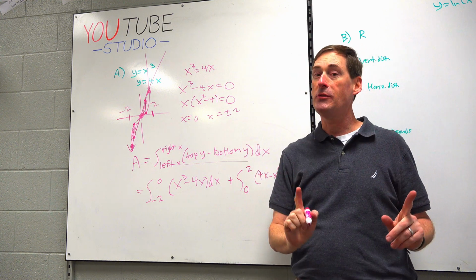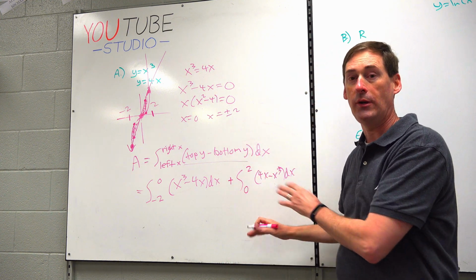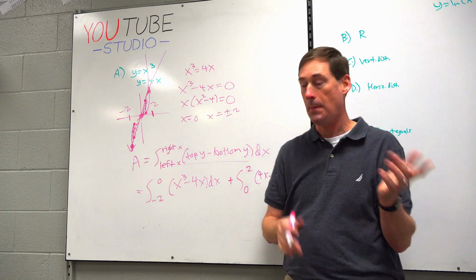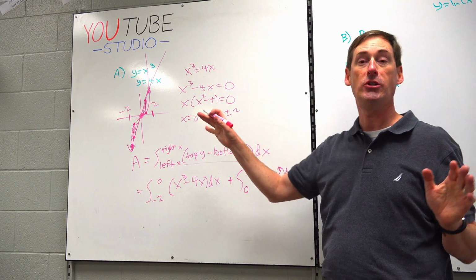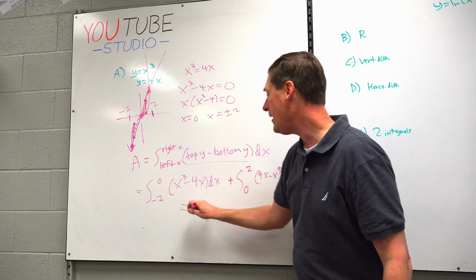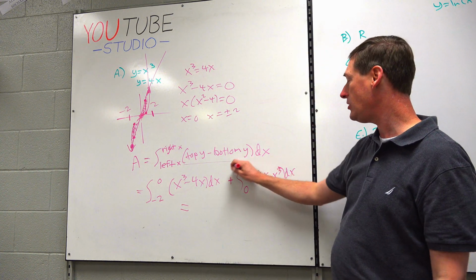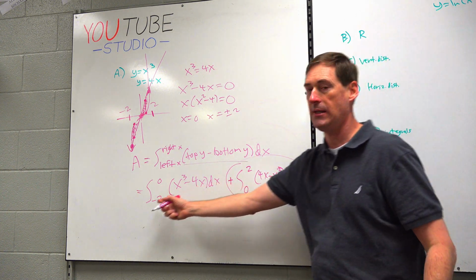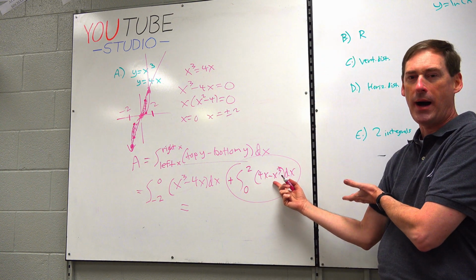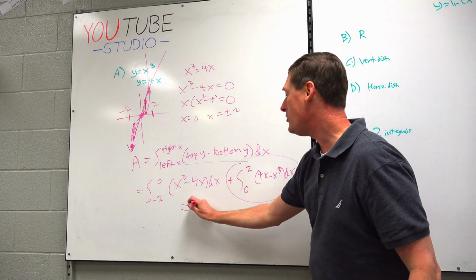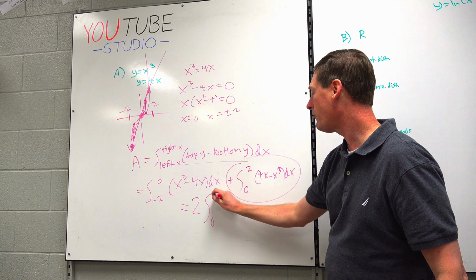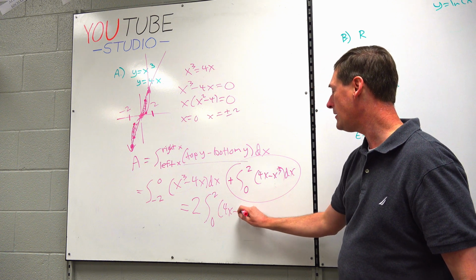So only when they're the same size could you do just one integral and then double the result and get the same thing, okay? Doesn't always work though because it's usually asymmetric. So here, yes, you could just take, this is probably the easier integral because it doesn't have a -2 in it, right? Let's take the positive one. Let's keep it positive. Double the area from 0 to 2, and you'll get the same answer.